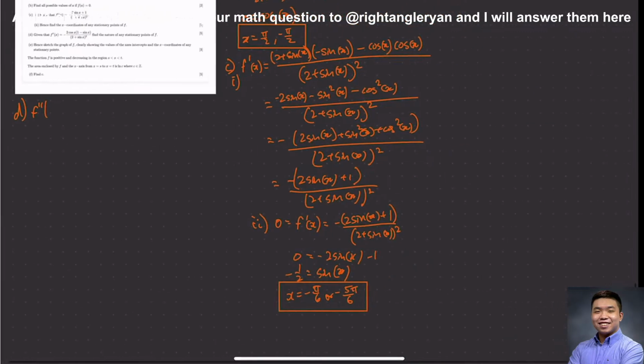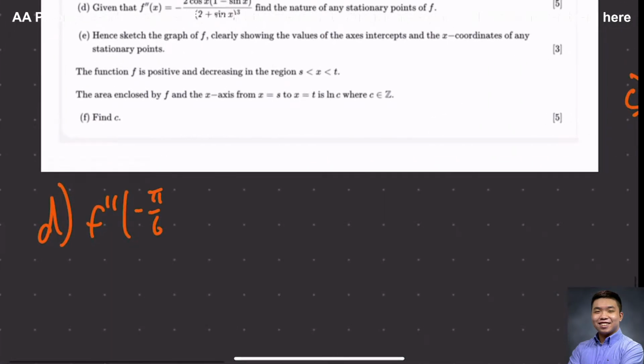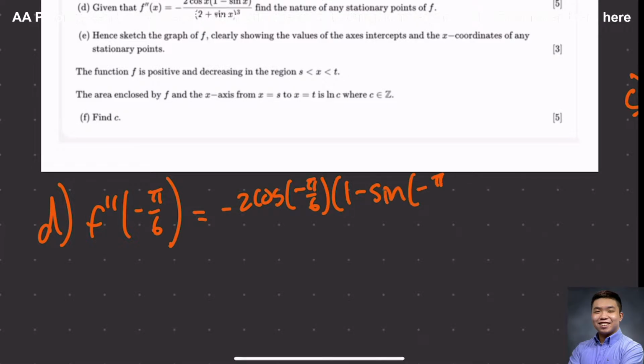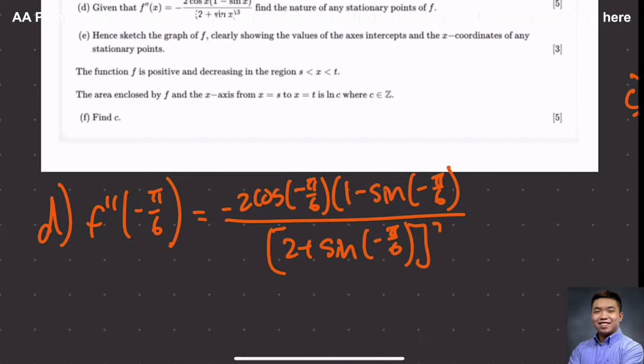So I will find f prime prime of negative pi over 6, which is negative 2 cosine negative pi over 6, times 1 minus sine negative pi over 6, all over 2 plus sine negative pi over 6, and then cubed. Right?